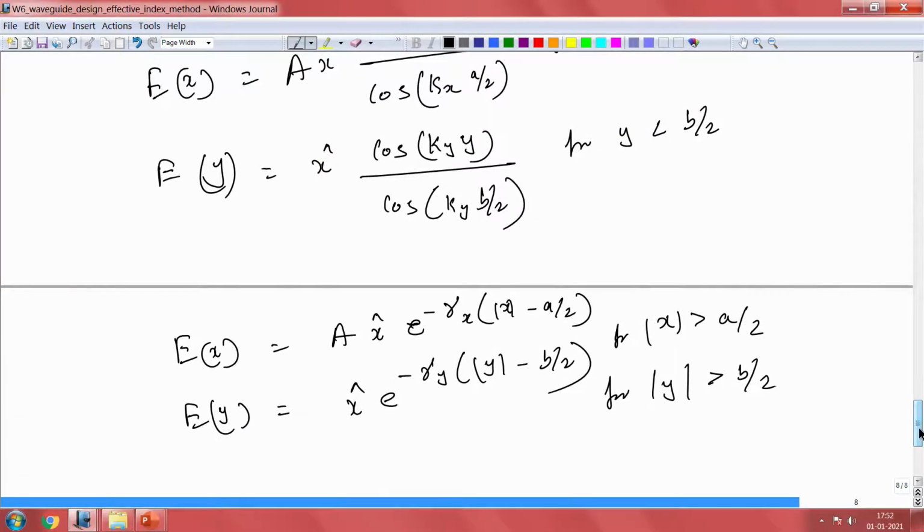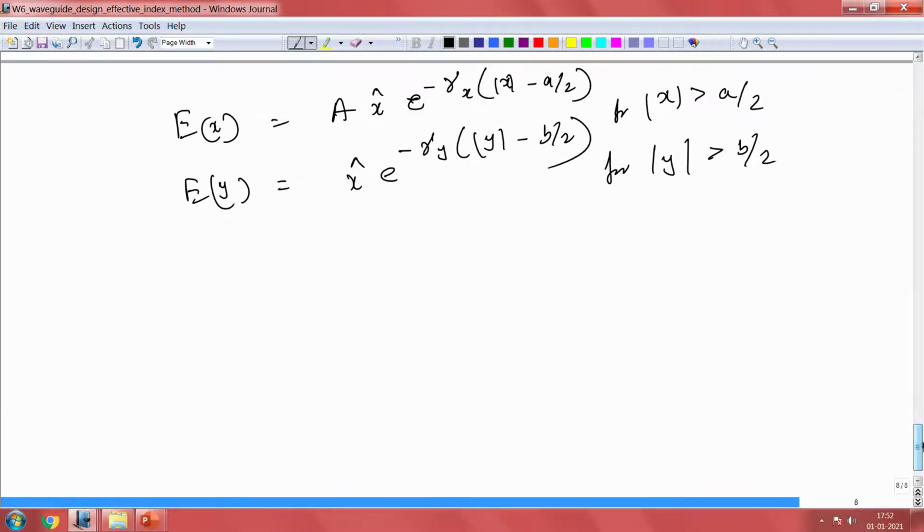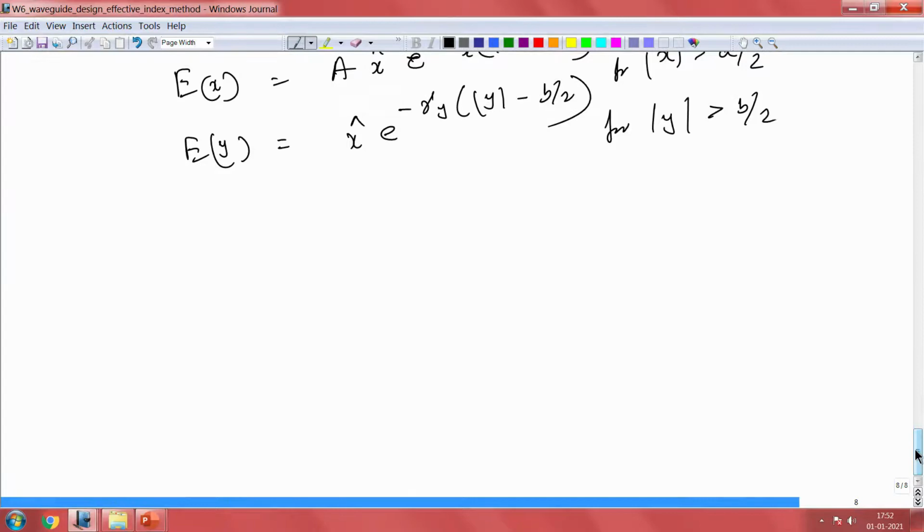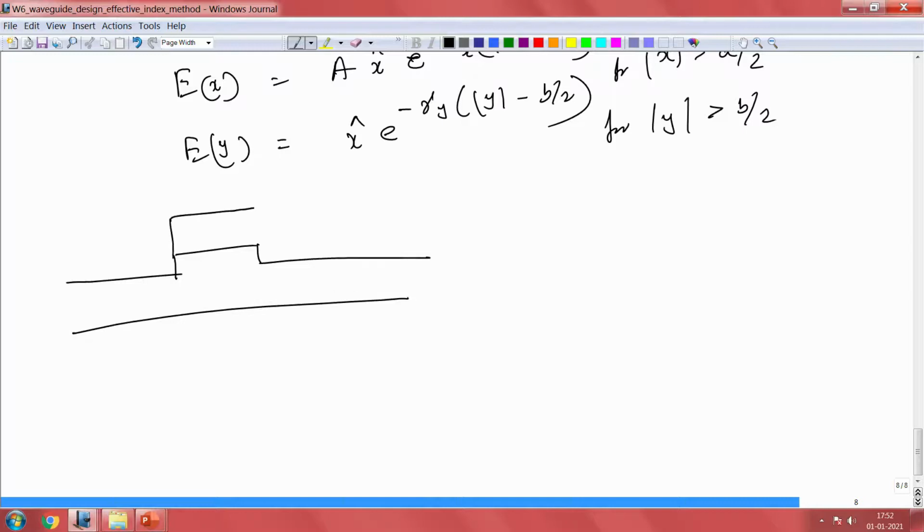So, if you plug in the numbers here, right. So, we know kx, we know ky, we know gamma x and gamma y. So, all these quantities are known. So, when we plug this in, right, what we get is the following, right. So, let me first draw the structure so that we can relate our result to our structure, right.